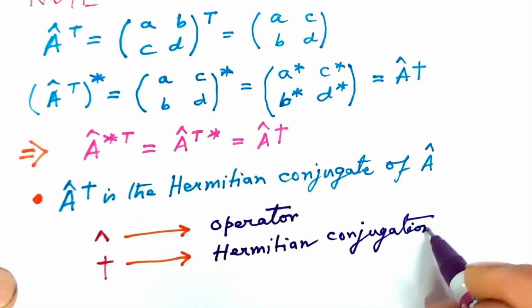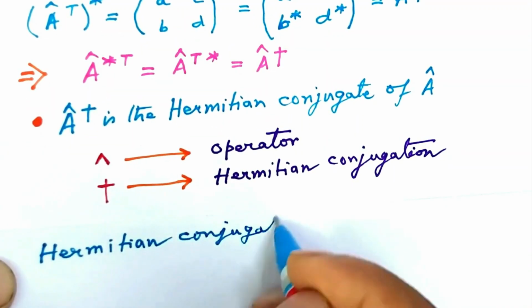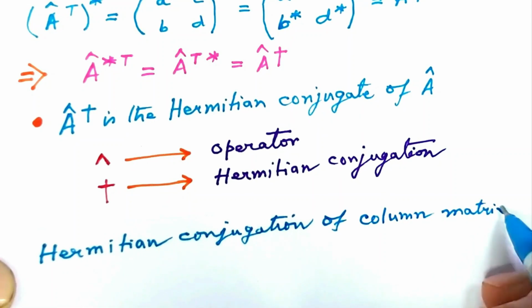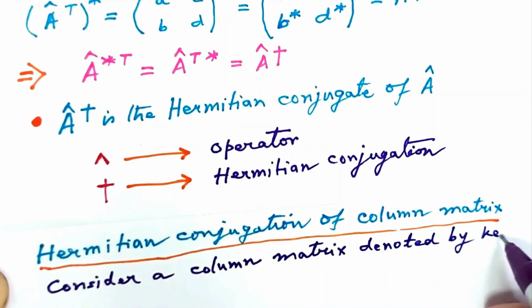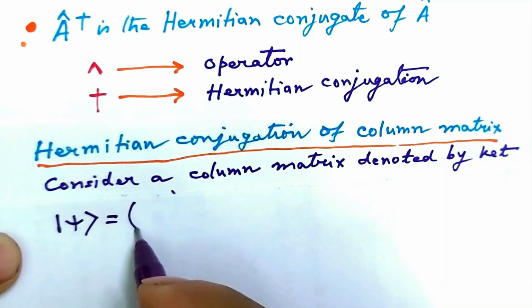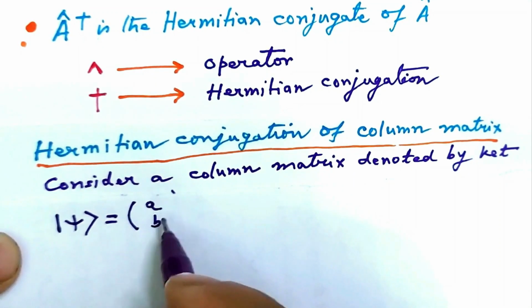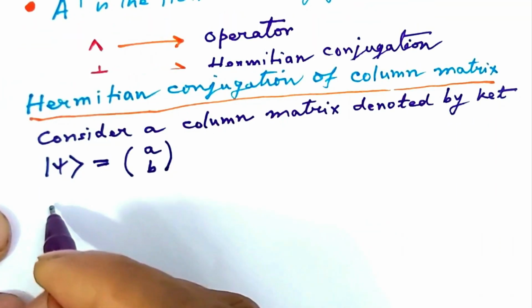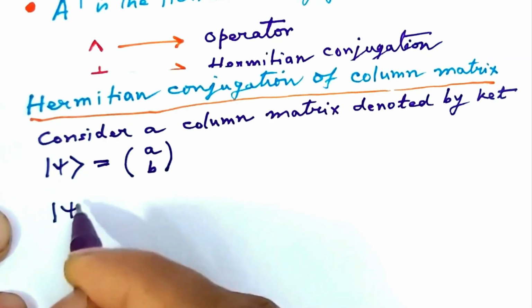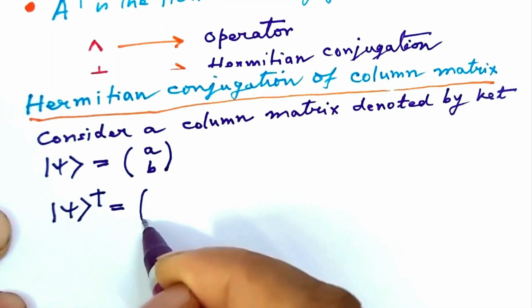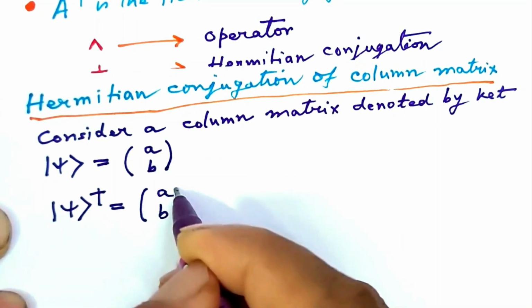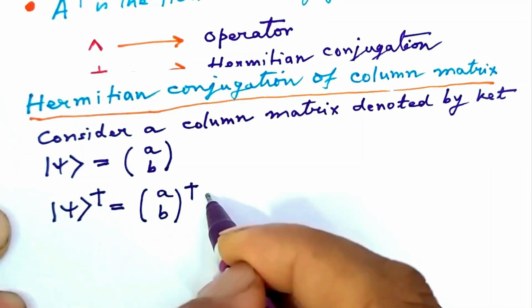Hermitian conjugation. Let us now find the Hermitian conjugation of a column matrix. Consider the column matrix denoted by ket psi, the explicit form of which is AB. Taking Hermitian conjugate means taking dagger, and so let us consider ket psi dagger, which is column matrix AB dagger.